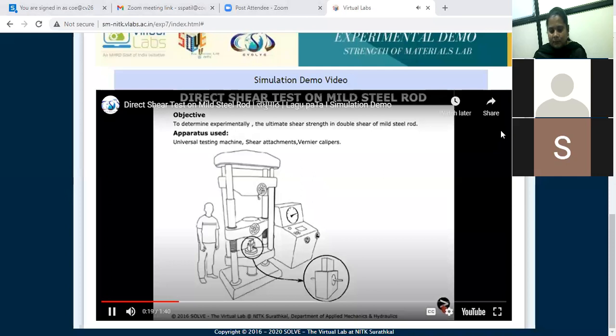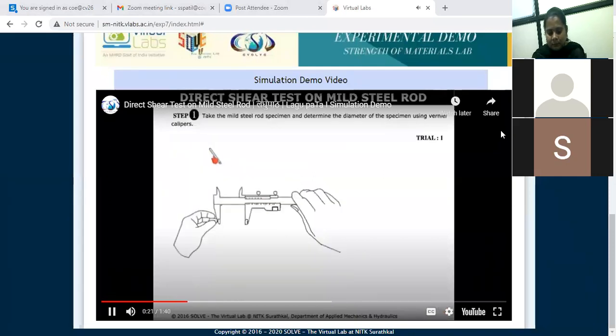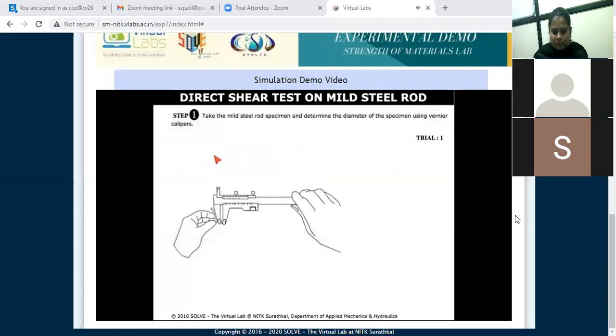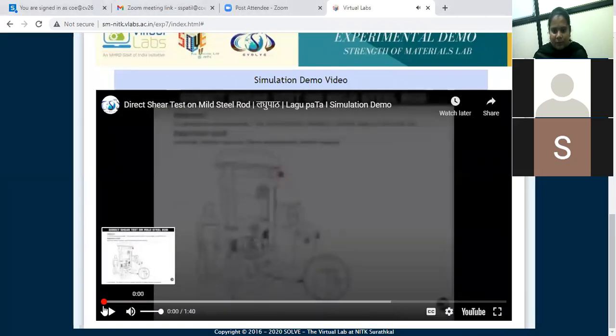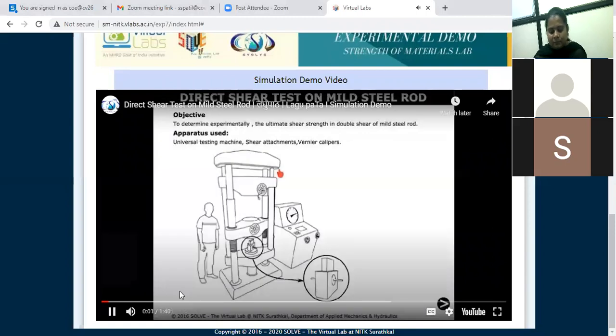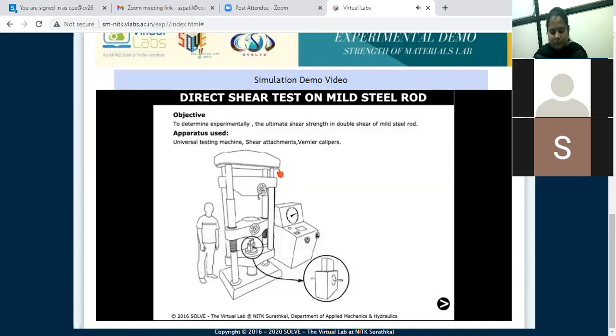Click on this arrow. Click here to measure the diameter of the mild steel rod specimen using vernier. We will start from. Welcome to Laghu Pata from SOLVE, the virtual lab. In this simulation, we determine the ultimate shear strength in double shear of mild steel rod. The setup used for this simulation is shown here.